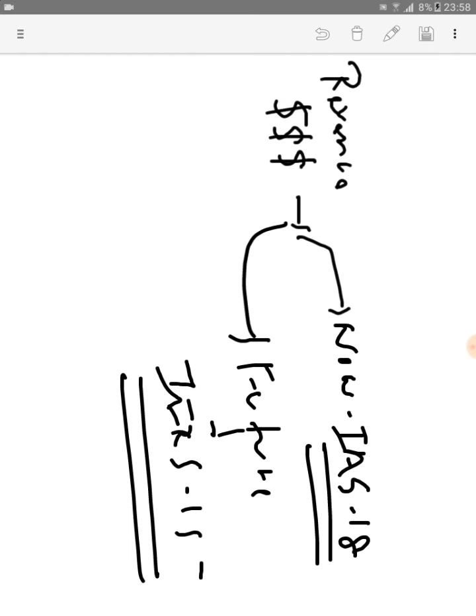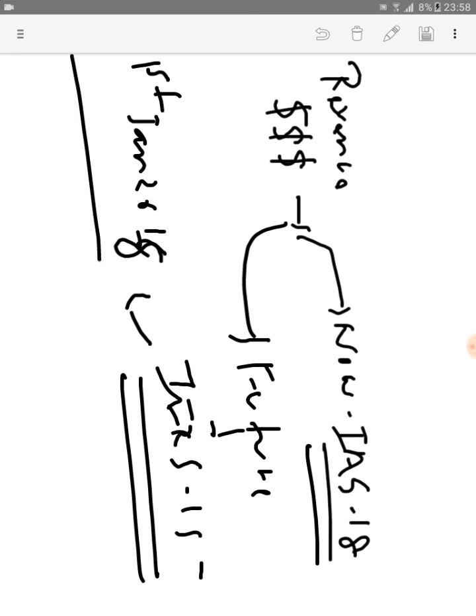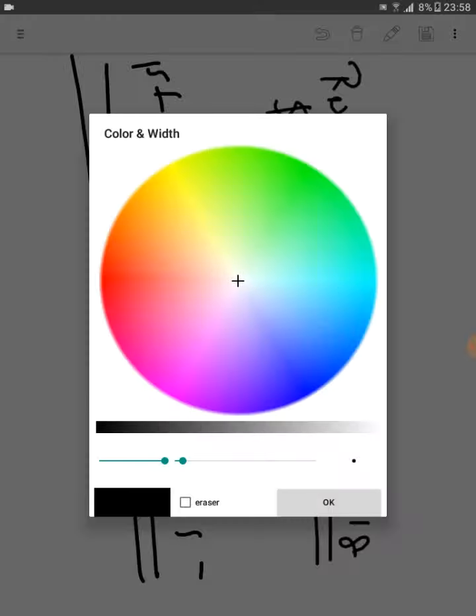IFRS 15 deals with revenue from contracts with customers. This is applicable from accounts beginning 1st January 2018. So when you are generating revenue, you need to apply either IAS 18, or you are early adopting the IFRS 15 standard.